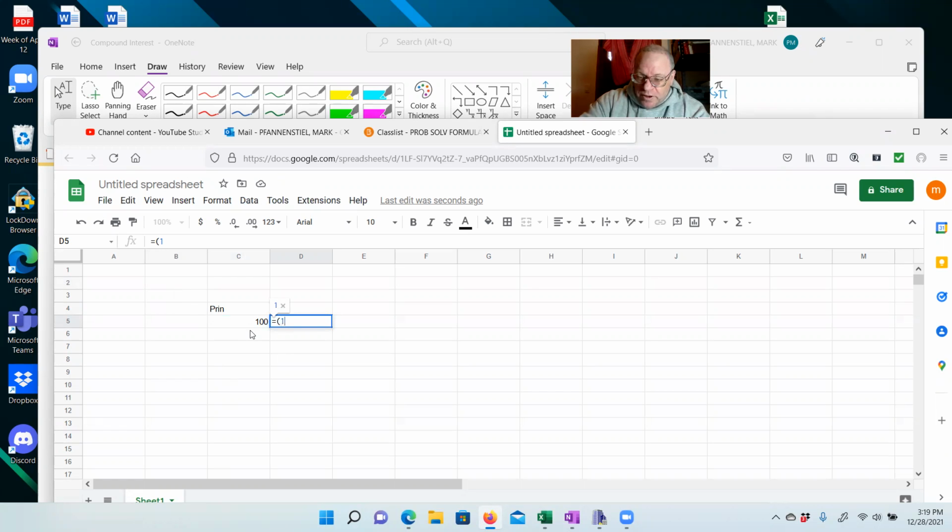And we're going to say 1 plus 0.05. And then we can just do our NT here. So we can make a little N times T. And we know it's going to be 2. We don't have to type that out.